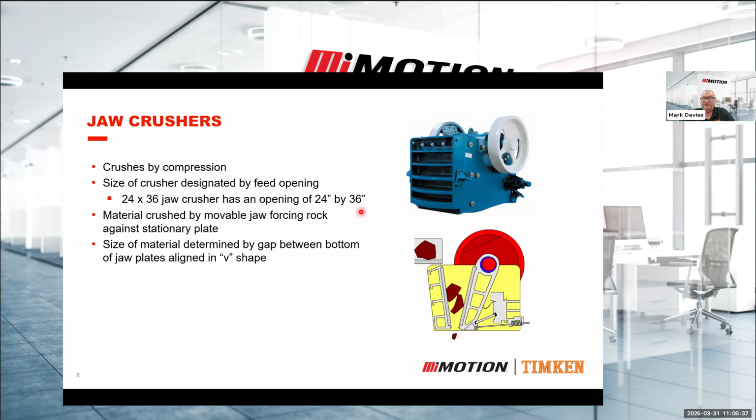It's 24 inches by 36, so it's a rectangle shape on the top there, which can physically fit a rock down. As it gets forced down, the rotary action fractures the rock, and the crushed rock that comes out of the crusher is a variable size, but it can't be any bigger than the actual bottom of the crusher there at the bottom of the V.